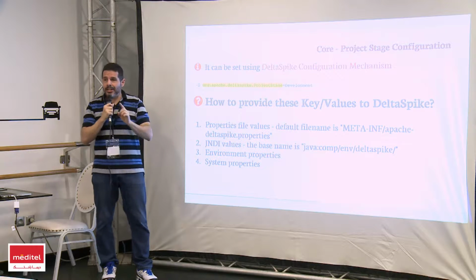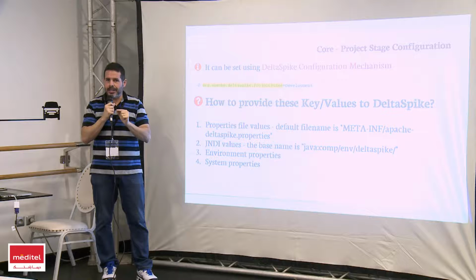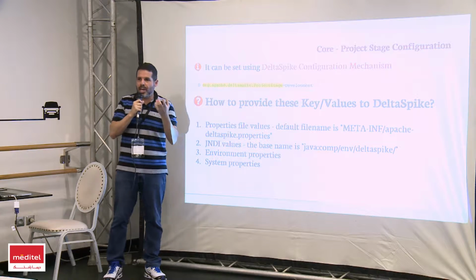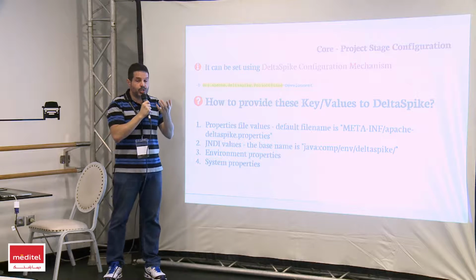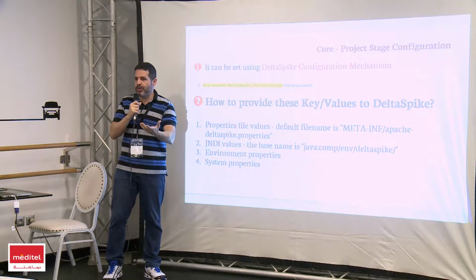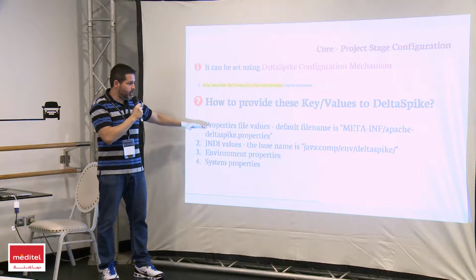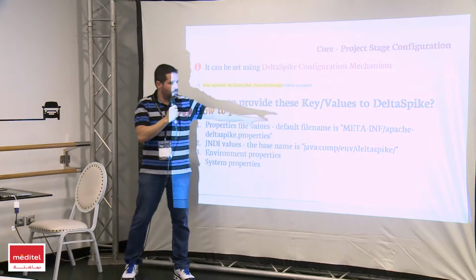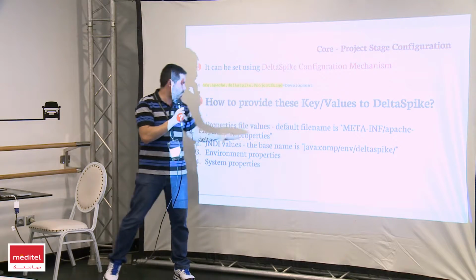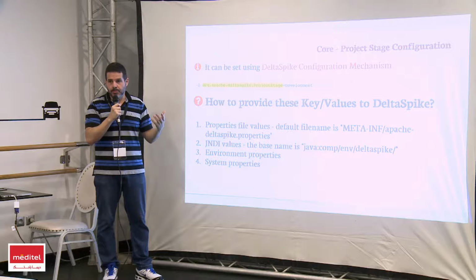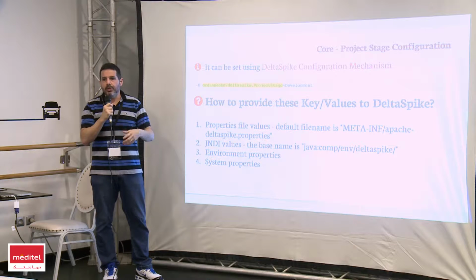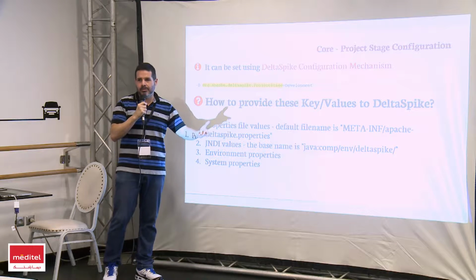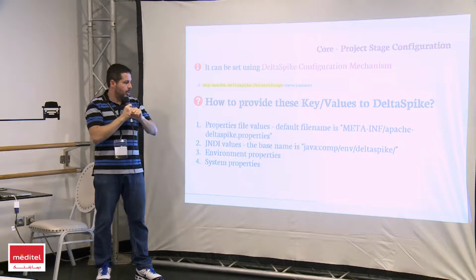But here is another feature of DeltaSpike, because DeltaSpike allows you to get configuration from different config sources. Initially, you can get these key values from the META-INF apache-deltaspike.properties file per default. But of course, you can extend DeltaSpike to provide your own file for your application.